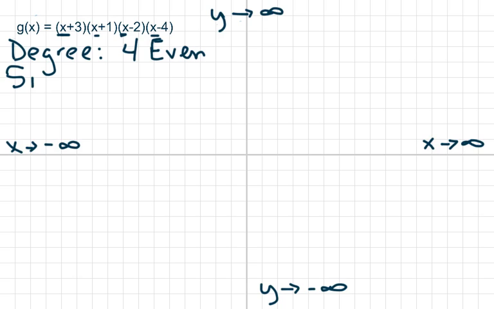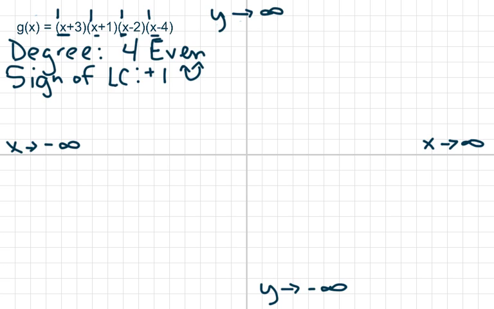It's even, so my end behavior is going to be going in the same direction on both ends. For the sign of my leading coefficient, again abbreviated LC, I've got to take this 1x times this 1x is 1, times that 1x is 1, times that 1x is 1. So my leading coefficient is 1, and it's positive. That tells me that both ends are going to be going up.